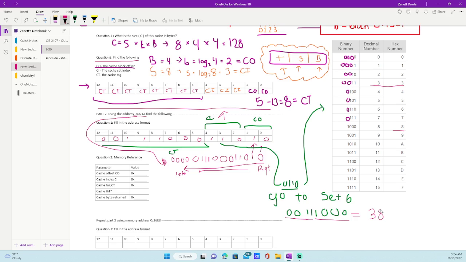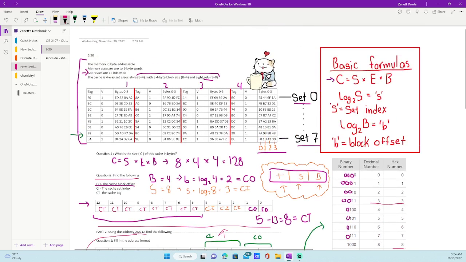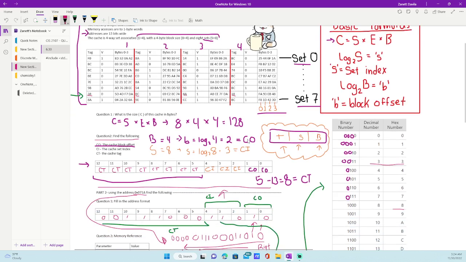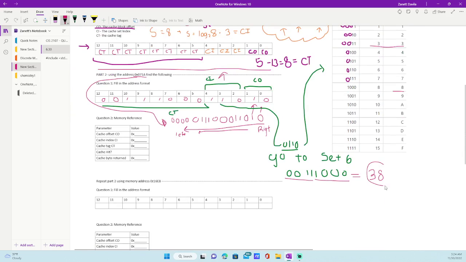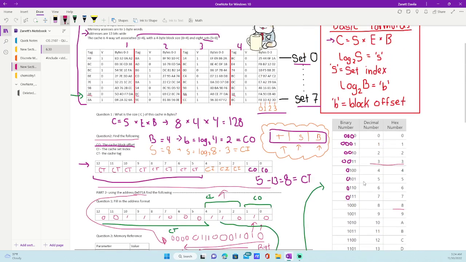So now we have to match the cache tag. Remember, we're working with set 6. Now we have to match the tag with the tag. Now we have 238. Which one could it be?